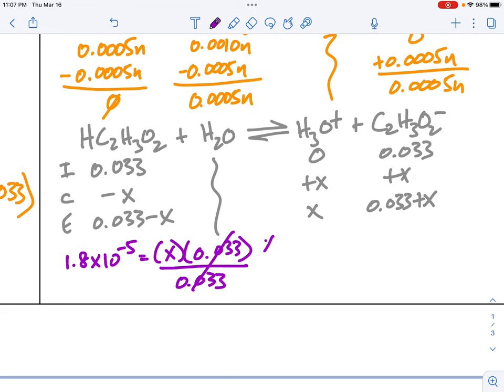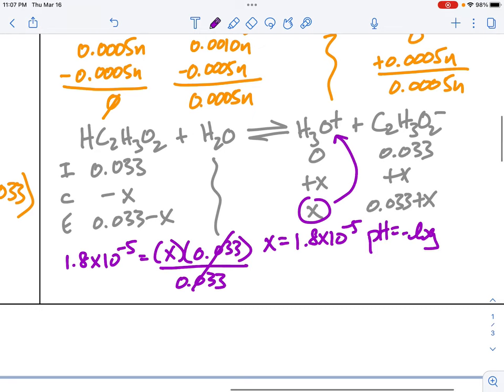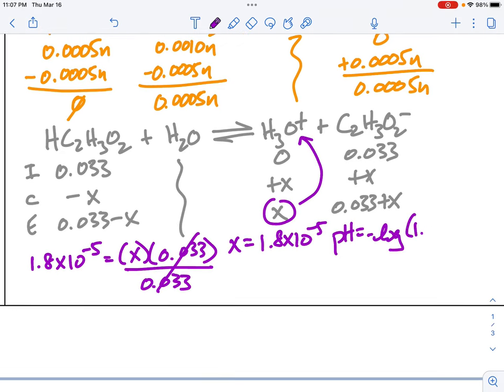X equals 1.8 times 10 to the minus 5. That x value tells us our pH. So by taking the negative log of our 1.8 times 10 to the minus 5, we should get our pH.